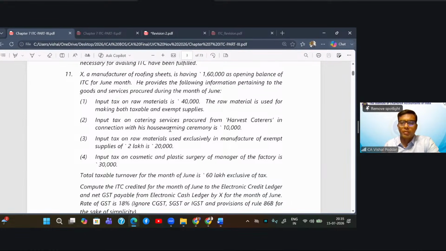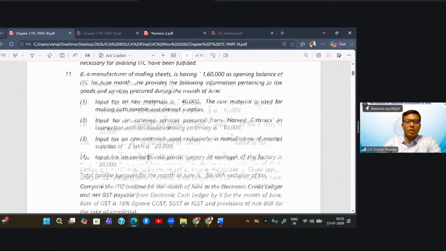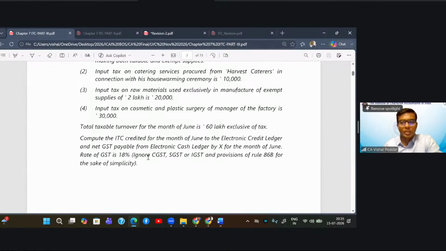Input tax on cosmetic plastic surgery of manager, not eligible. Total turnover for the month of June is 60 lakhs, excluding tax. Compute the ITC created for the month of June to electronic credit ledger. Net GST payable from electronic cash ledger by X for the month of June. Rate of GST is 18%. Ignore CGST and SGST. Okay.